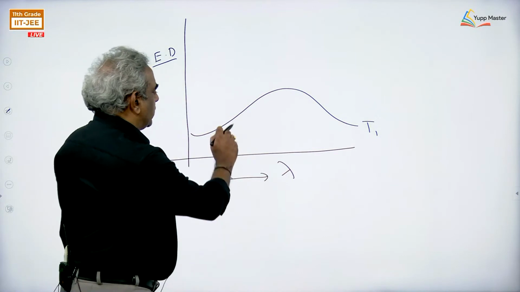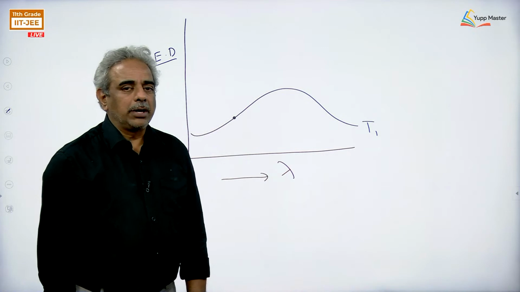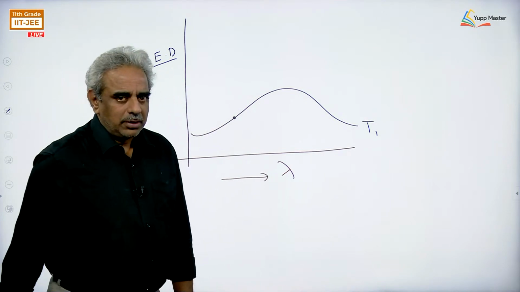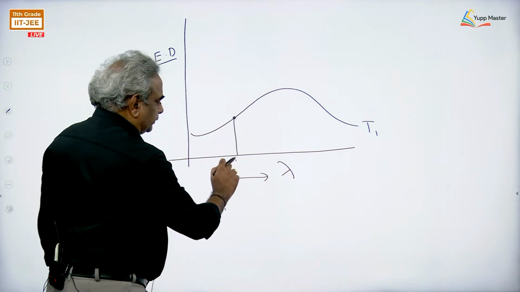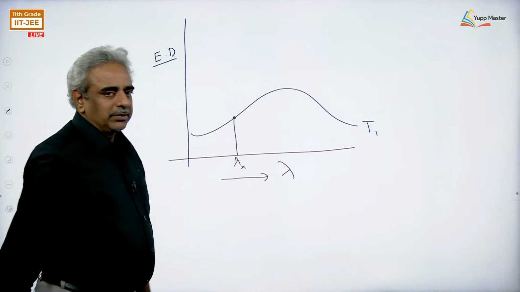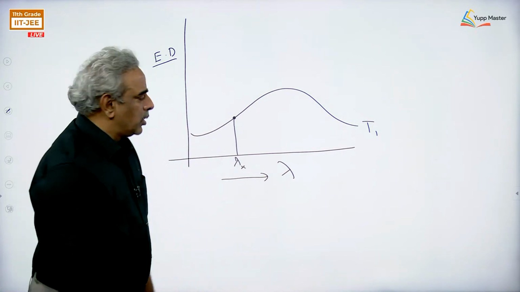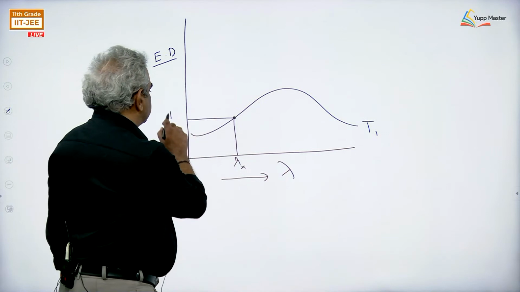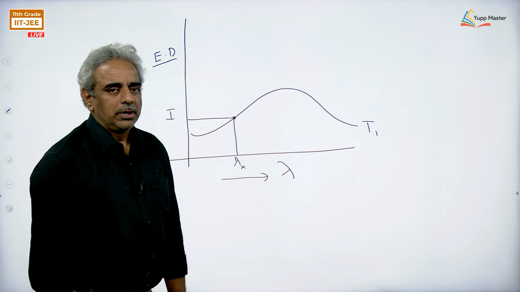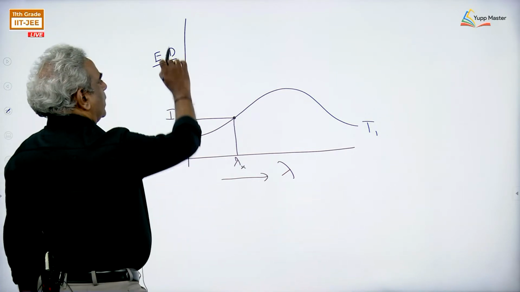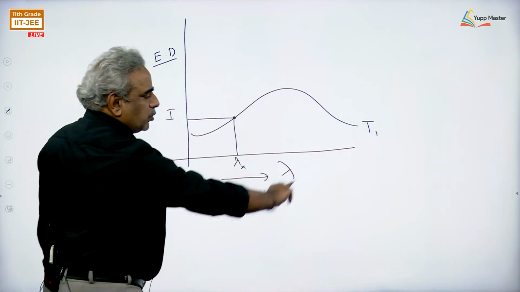These are distribution curves. If I keep a dot here, what is the meaning of that dot? There is a radiation that has come out of the blackbody with this much wavelength, lambda x wavelength. That radiation has got lambda wavelength, and that radiation has got intensity this much, I mean energy density. So if you go up, high intensity, if you go down, low intensity, towards this, more lambda.